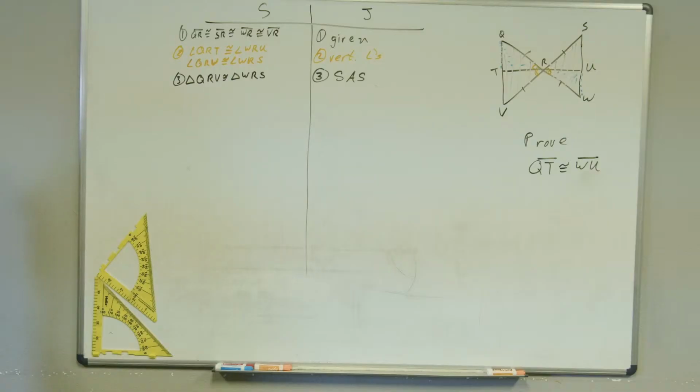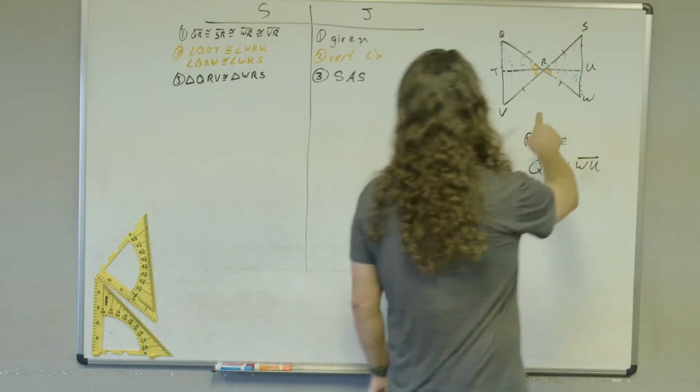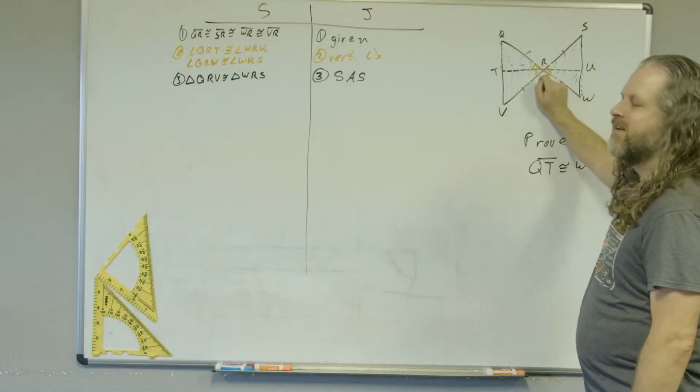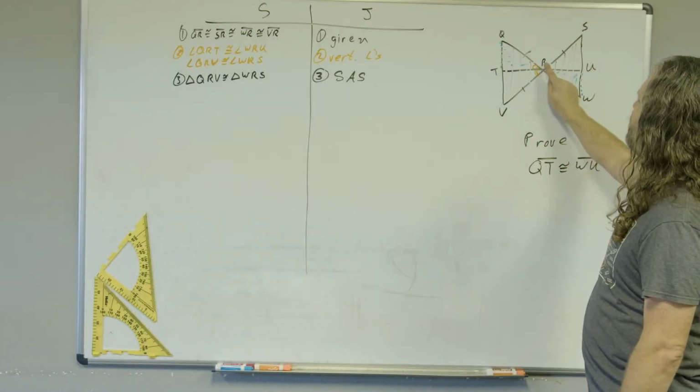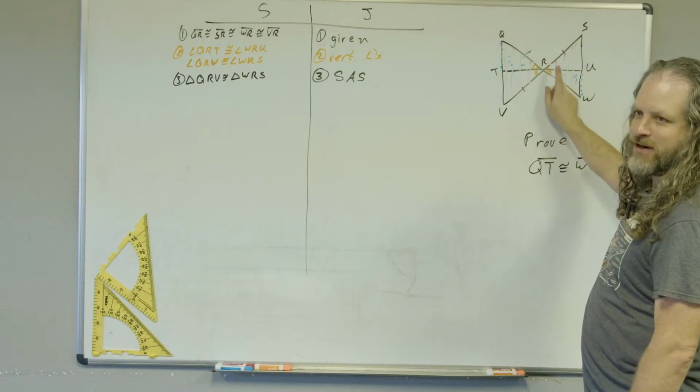Angle Q and angle V, what? QRV would be this angle right here. And it's congruent to WRS. We already said that, right?